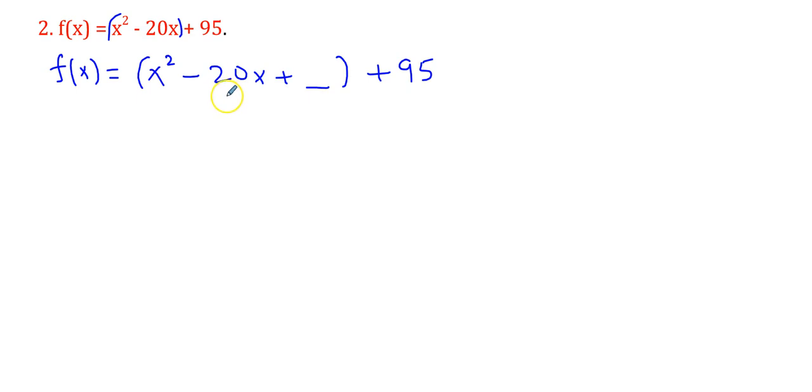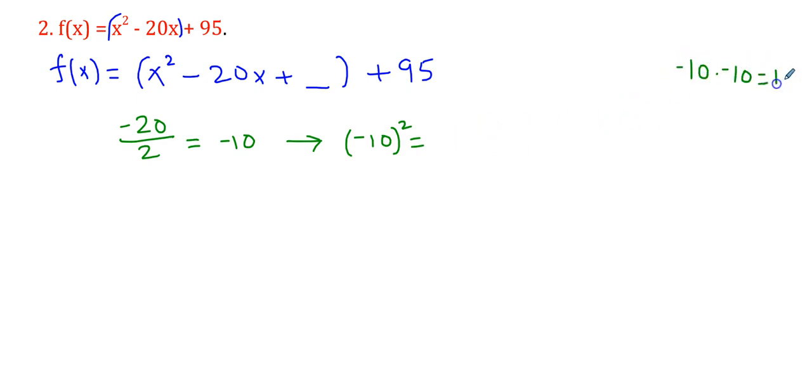Now divide this 20, I can even take -20 divided by 2 to give -10. Now I'll square that -10. -10 times -10 gives you positive 100. So I'll write 100 here. 100 is added. Take away 100. Adding and subtracting 100.